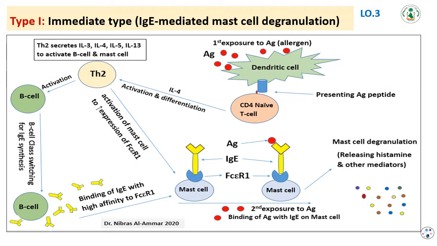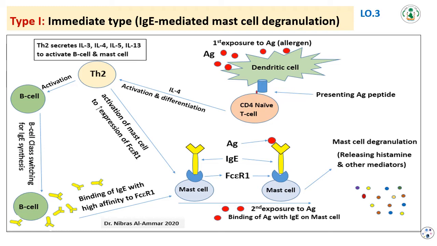Now, type 1, immediate type, IgE-mediated mast cell degranulation. On first exposure to antigen, or what we call sensitization, the antigen binds to a dendritic cell.